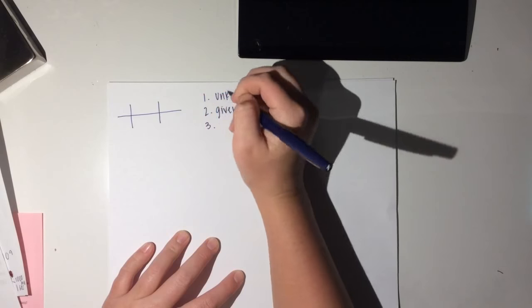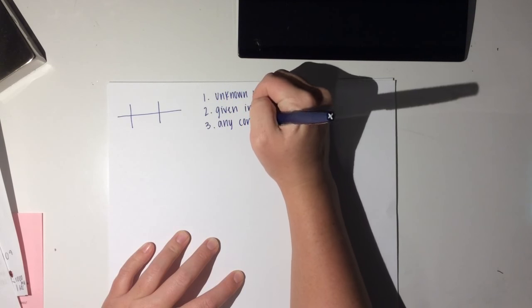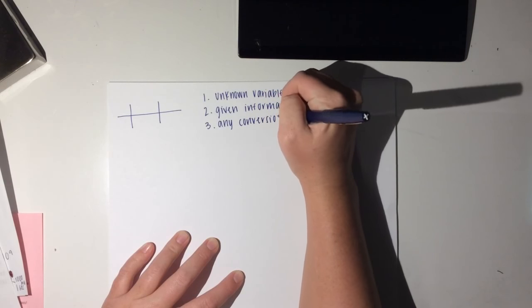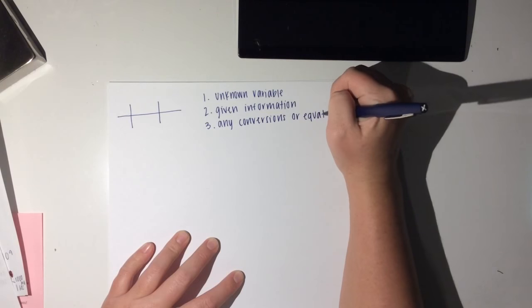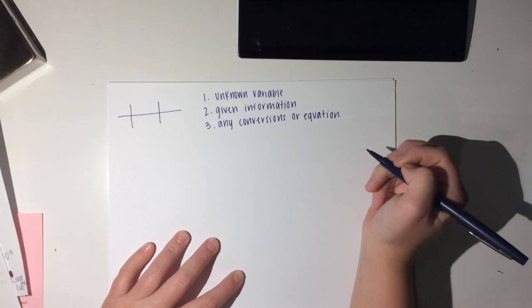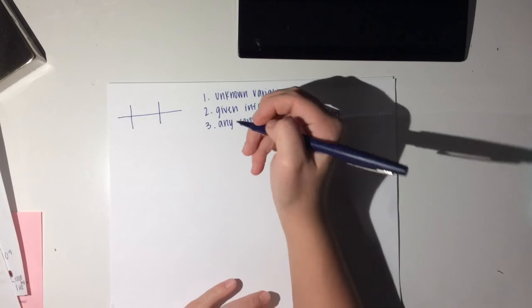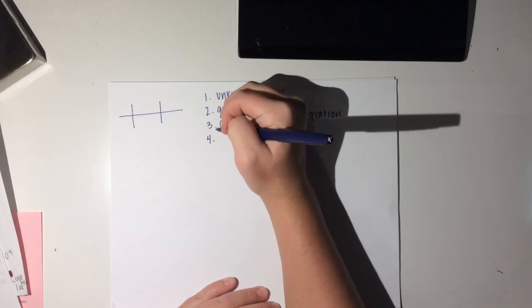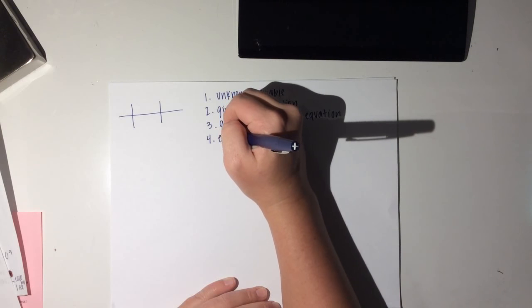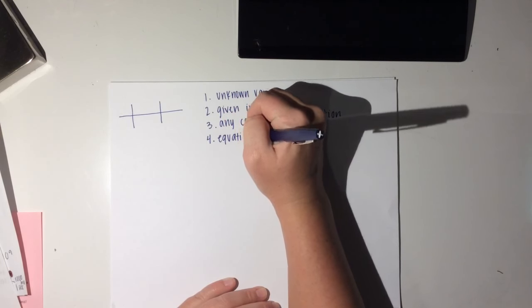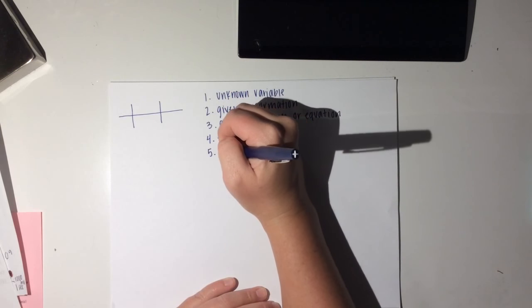Step 3 is intended for any conversions or equations related to the problem. This is where you can put the mass of elements or etc. Step 4 is intended for the dimensional analysis setup or the equation substitution. And step 5 is the answer.